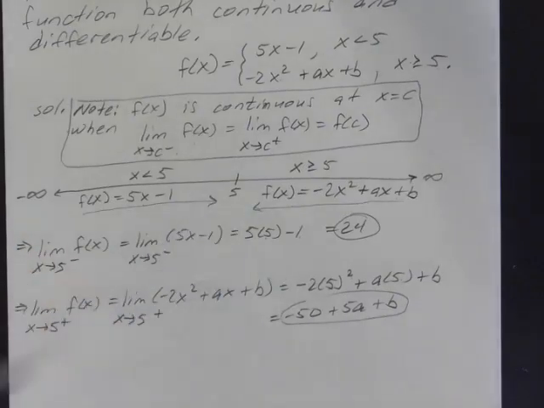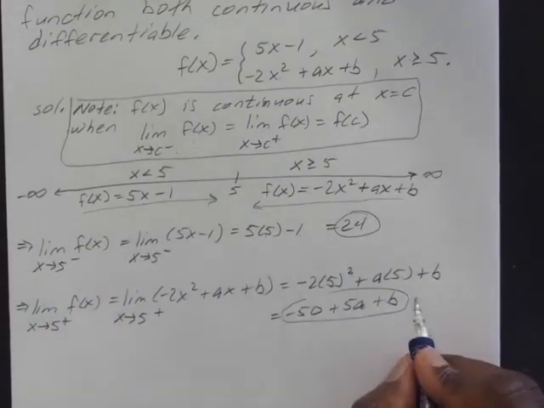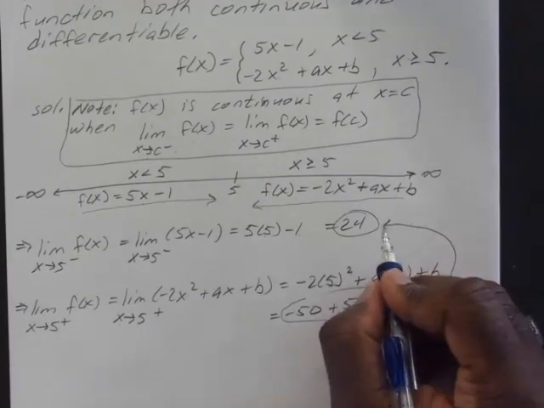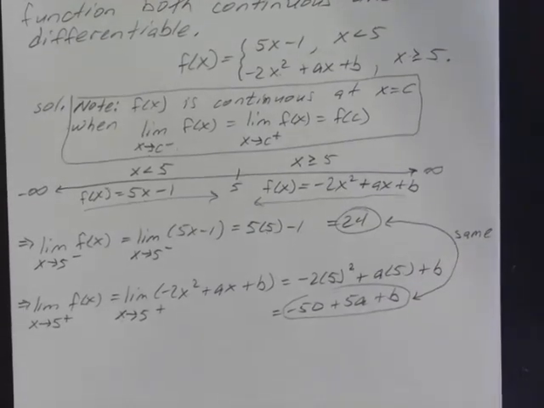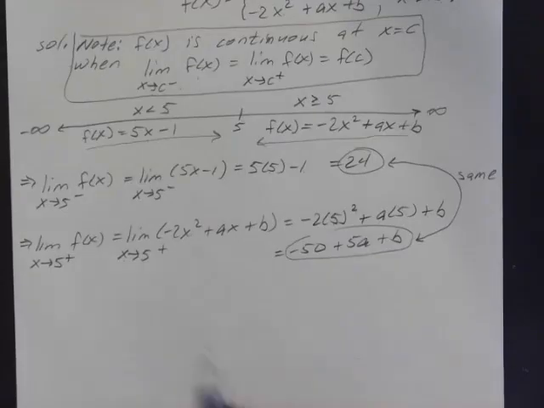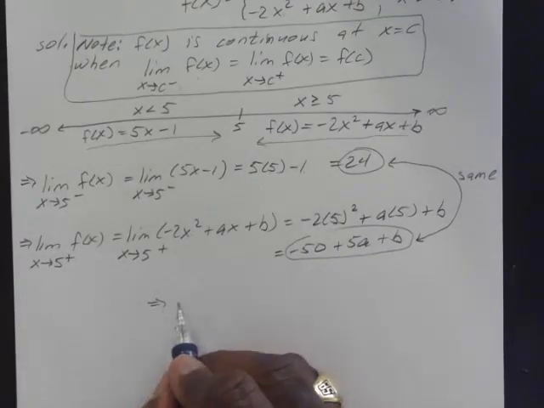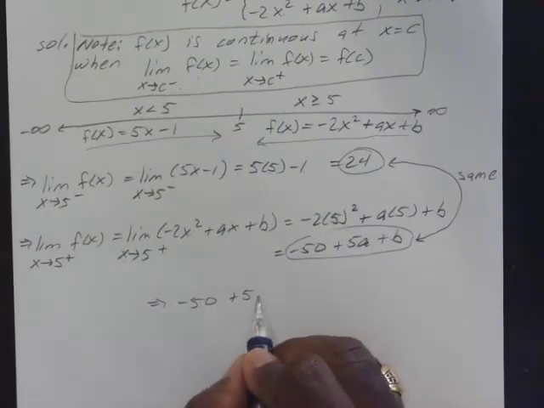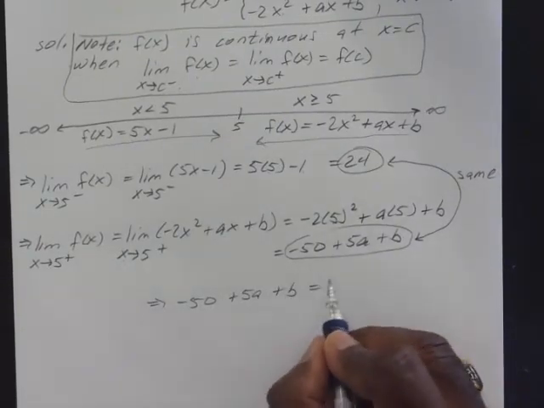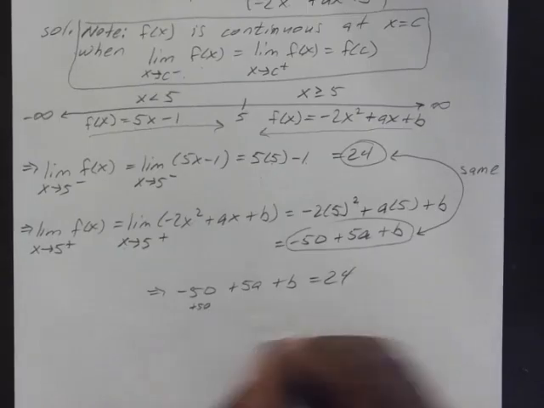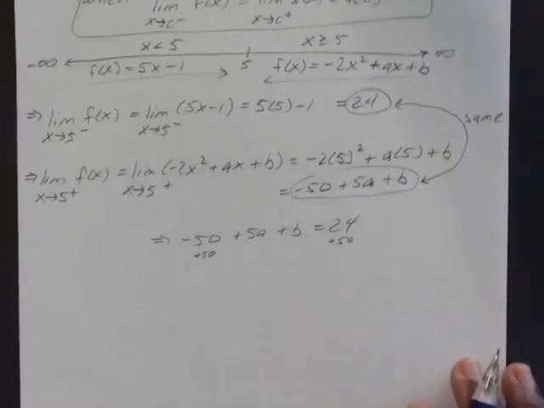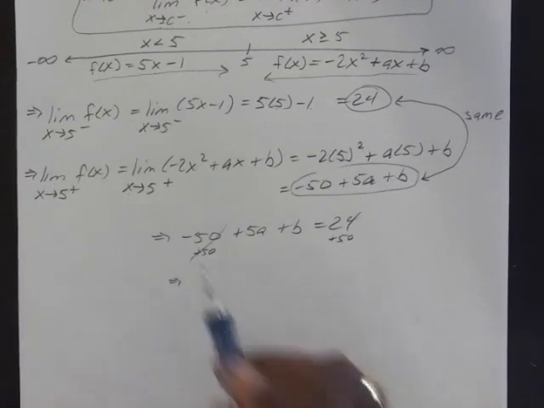Now, for these two to be continuous at that point 5, the limit from the left and the right has to be the same. So that means negative 50 plus 5a plus b has to be equal to 24. So if we go ahead and add 50 to both sides, those two cancel out.